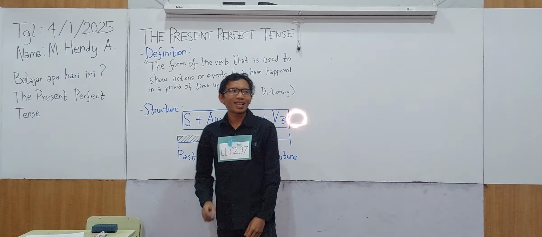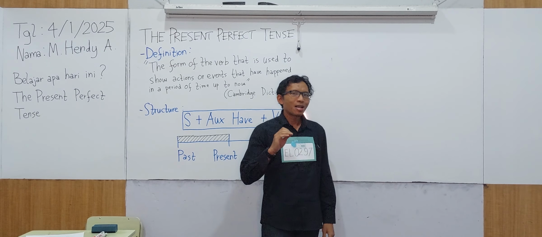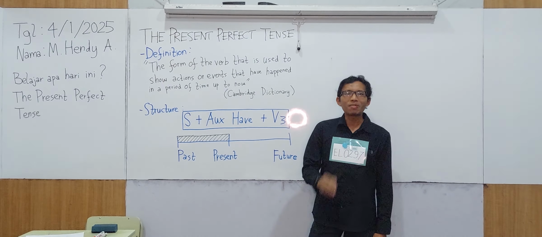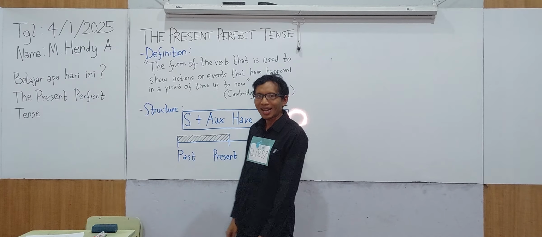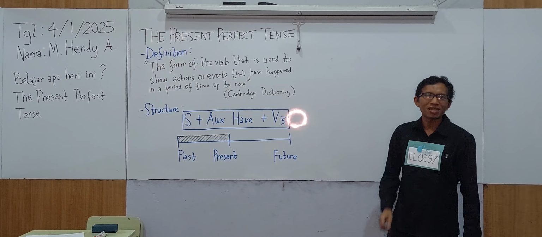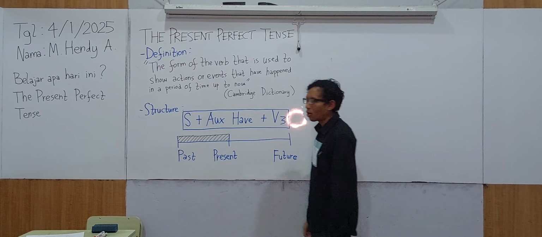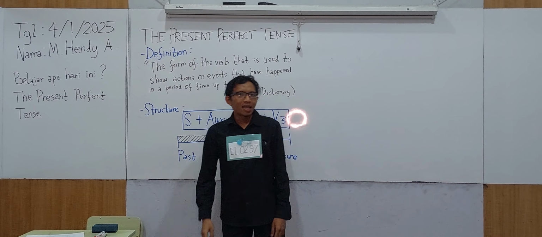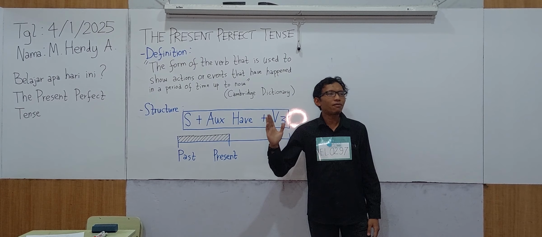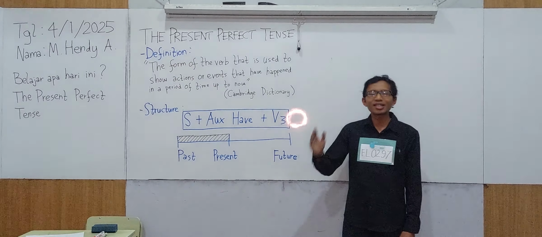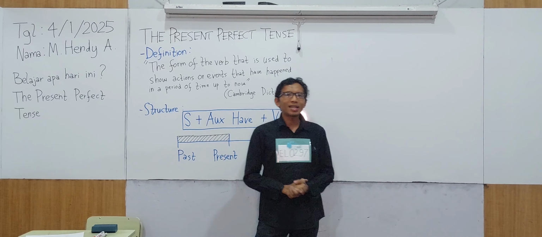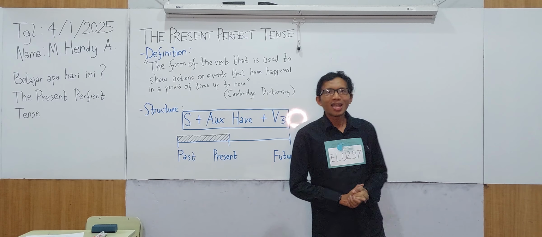This is to tell when an action or event took place. On the other hand, the present perfect tense doesn't tell you specifically when an action or event occurred. In other words, in the present perfect tense, the use of time expression isn't that important. What's important is the statement that an action or event has happened.